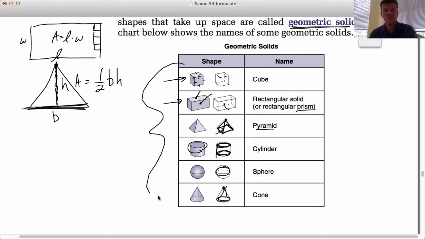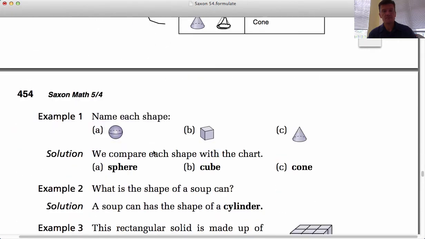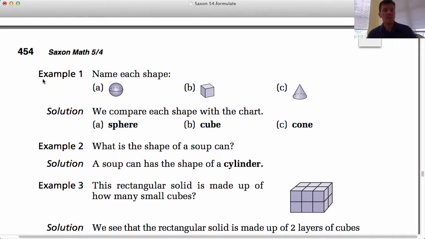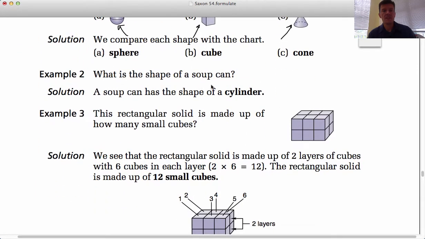So these are the most popular, familiar, most used geometric solids, and we're going to be talking about those in future lessons. In this lesson, all we're doing is identifying them. So this one is a sphere, that's a cube, and there's your cone. A soup can would be a cylinder.